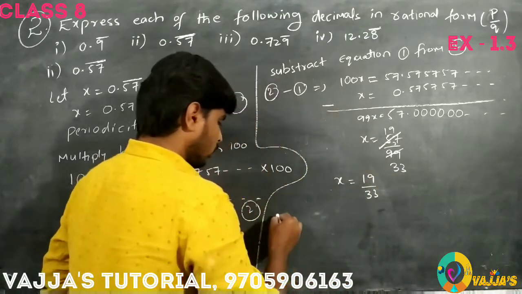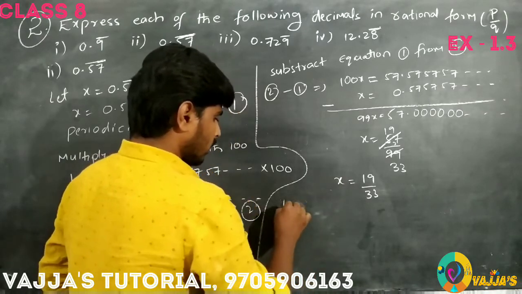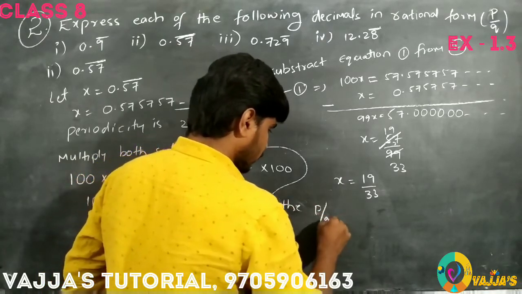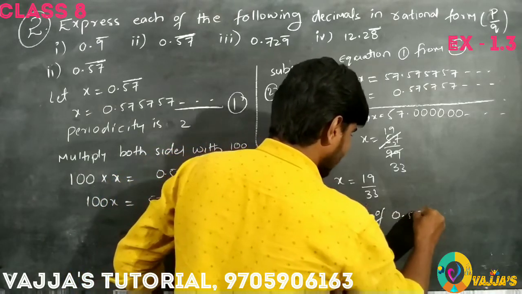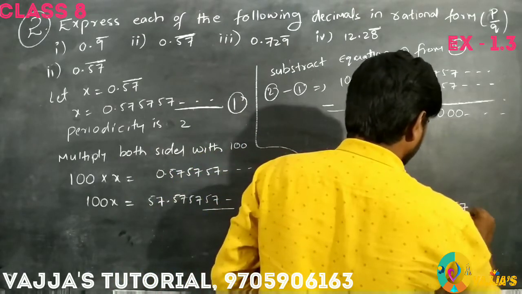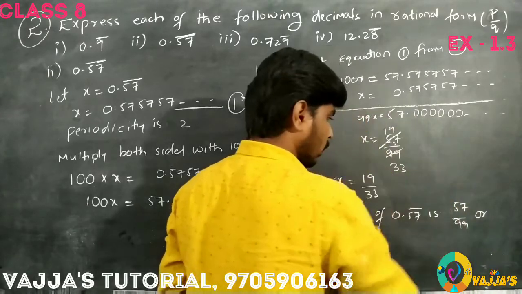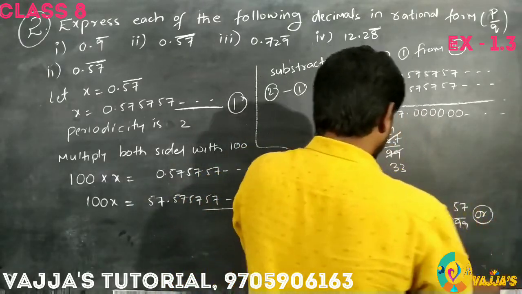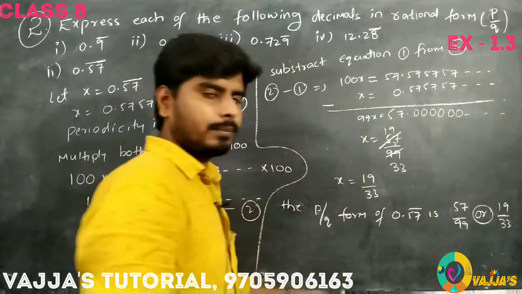So the p by q form of 0.57 bar is either 57 by 99, which is also p by q form. We can stop here, or we can simplify to 19 by 33 also.